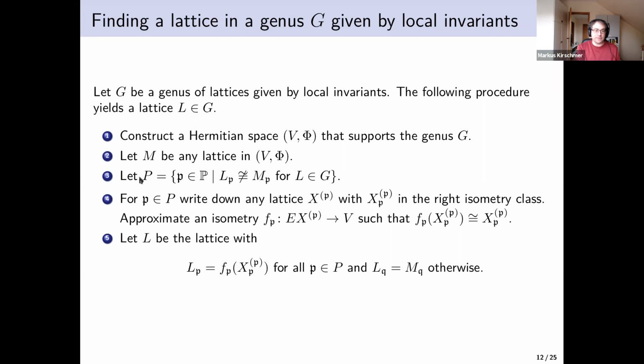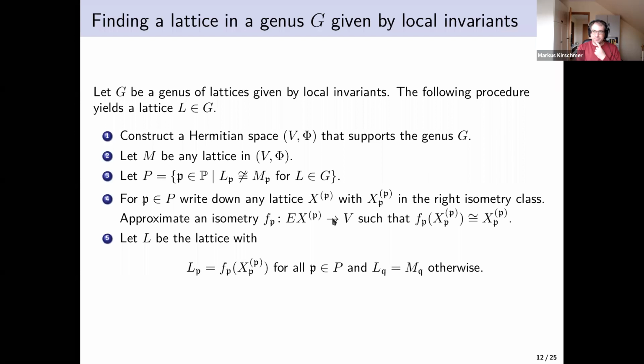So suppose P is the set of all the places where I'm not correct yet. Then from this description of Jacobowitz with the previous result with these invariants and so on, you can immediately write down a global lattice or a global module that locally at P has the correct isometry class.